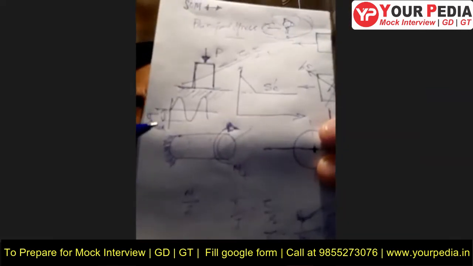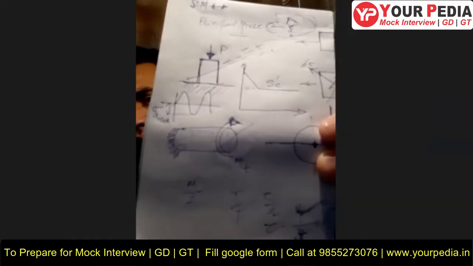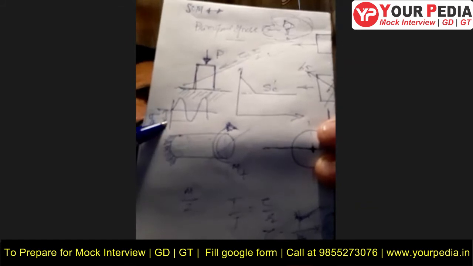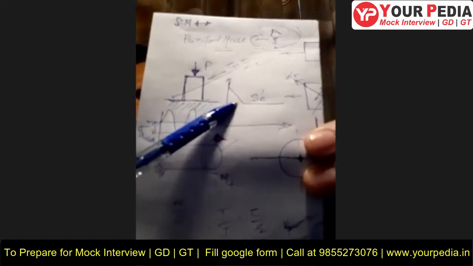Let us say this stress amplitude is 100. So 100 amplitude means maximum amplitude of stress or maximum stress, meaning the same. So this is 100, let us say megapascal.